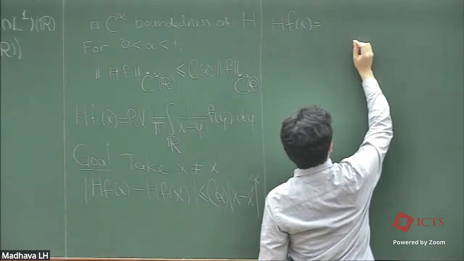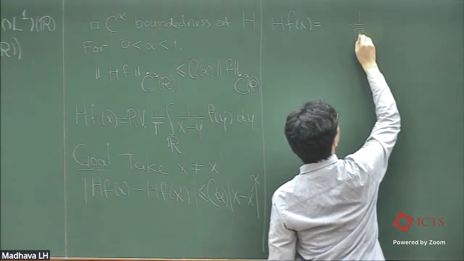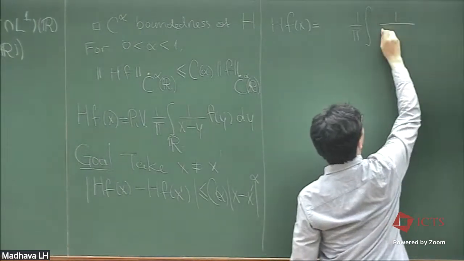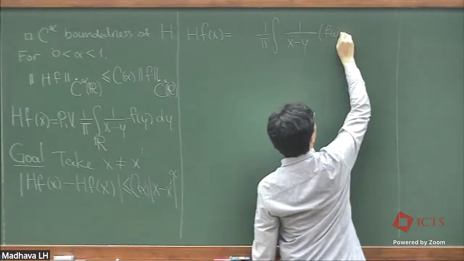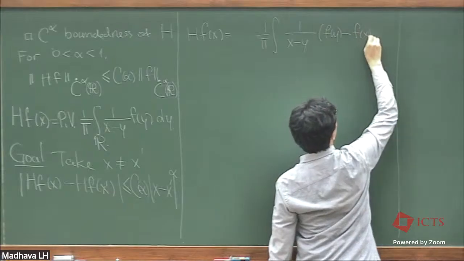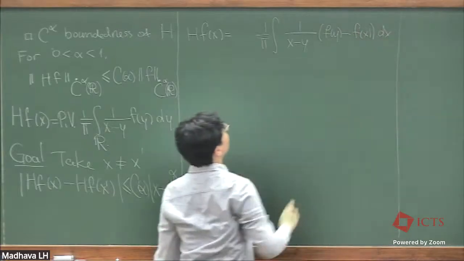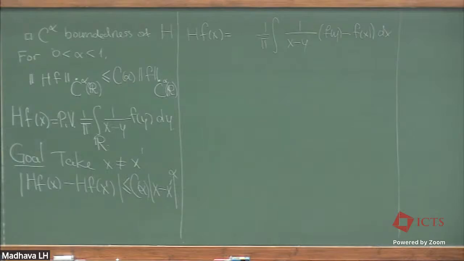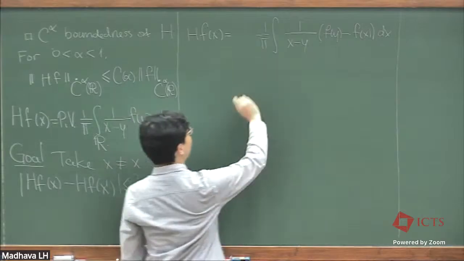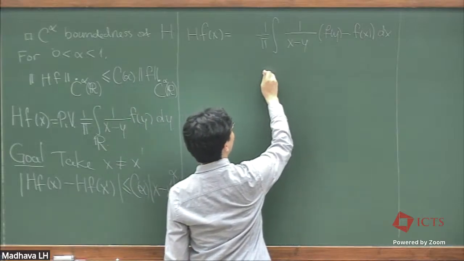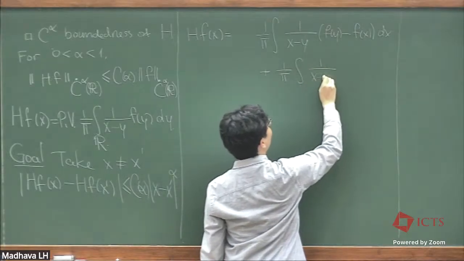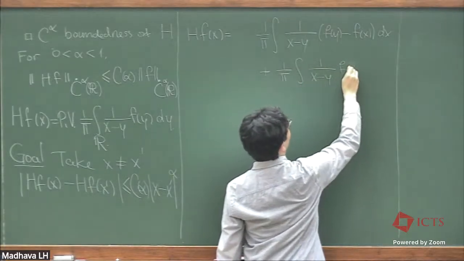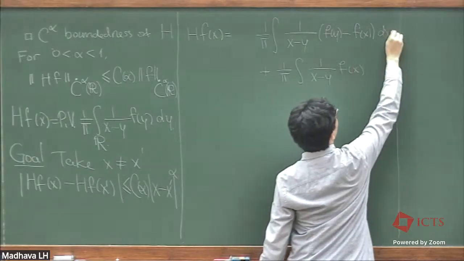It's again principal value integral of 1 over x minus y multiplied by f(y) minus f(x) dy. Of course, strictly speaking, we have to add again 1 over pi, 1 over x minus y, f(x) dy.